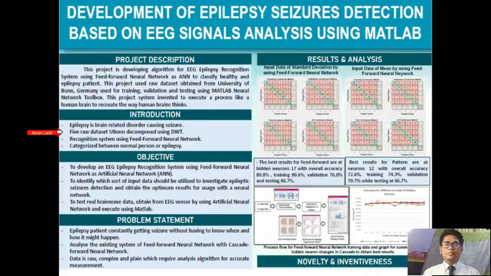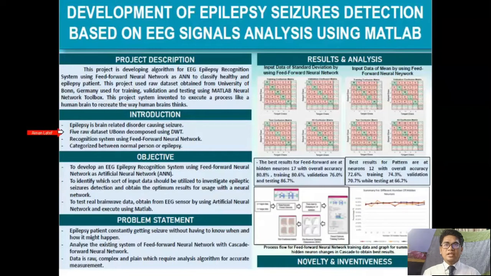The raw dataset contains 5 sets of data labeled A, B, C, D and E. One set of data contains 100 text files which consist of 4097 samples of EEG time series in ASCII code. Basically, set A is denoted as subset Z, which is healthy persons with eyes open.